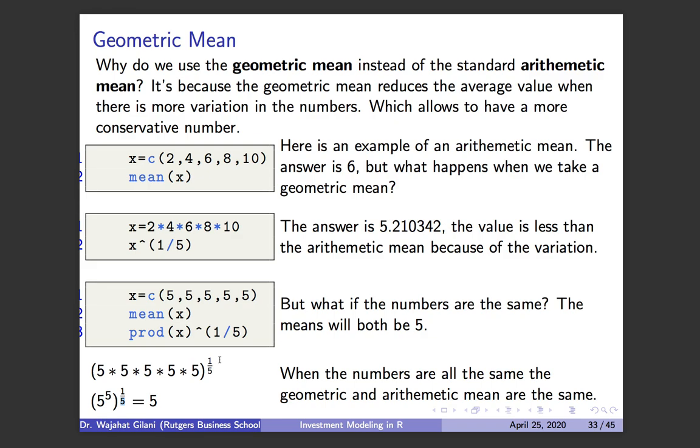Why do we use this and why do we care? It is because the geometric mean penalizes ROC values that are variant in nature. For that reason, it'll give a lower geometric mean of the ROC. And the reason we want to do this is because we want to reward consistent high ROC values. For you to get a consistent high ROC value, your ROC values must be really high, or they must be consistently high.